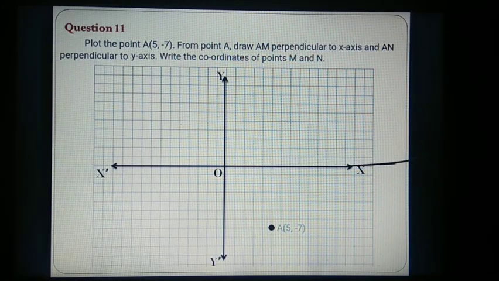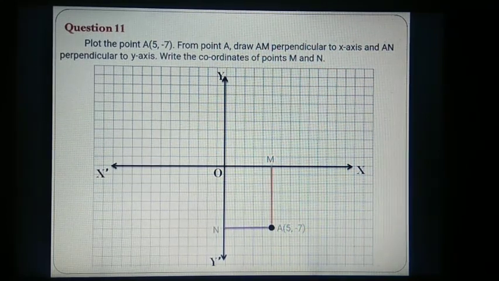So here is x-axis and from here we have to draw a perpendicular, and the name of that perpendicular is going to be AM. Okay, so I have drawn the perpendicular which is AM. Now similarly you will draw perpendicular AN to the y-axis. So from here you have to draw a perpendicular to y-axis, and that is your AN.